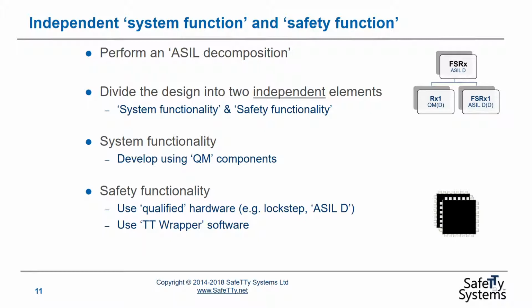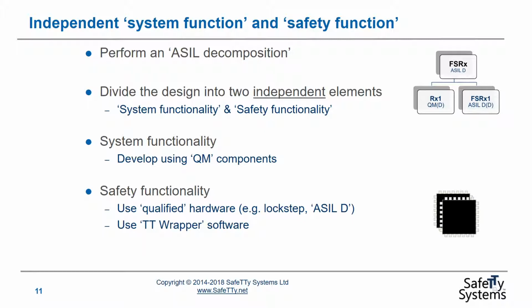International Safety Standard ISO 26262 allows us to perform what's usually called an ASIL decomposition. What this means in practice is that we are permitted, in compliance with this standard, to divide the design into two independent elements. These elements can be seen as providing system functionality and safety functionality.